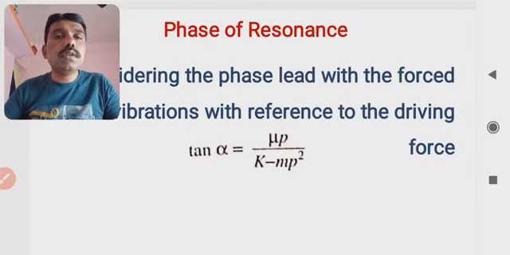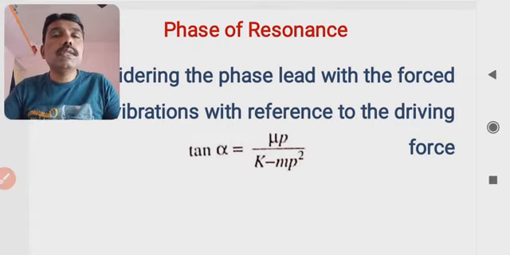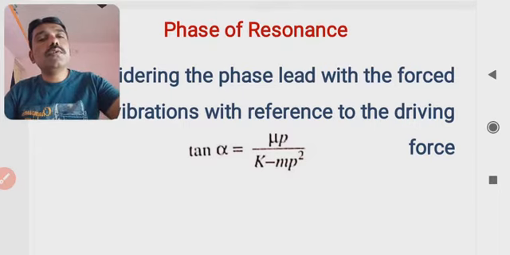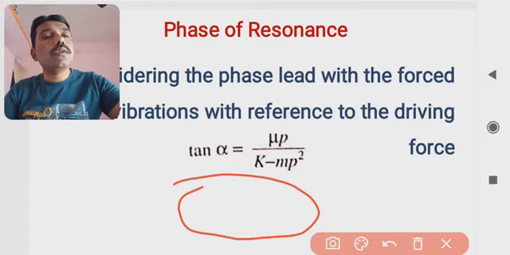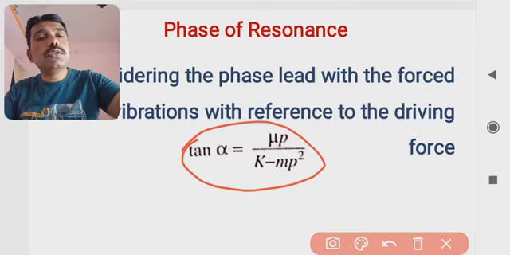This is simply resonance. And when the external force given to a body matches the natural frequency of that body, then it also forms resonance. So related to that forced vibration part, we are looking for the phase of resonance. That's why we have taken this forced vibration relationship for the phase of resonance.